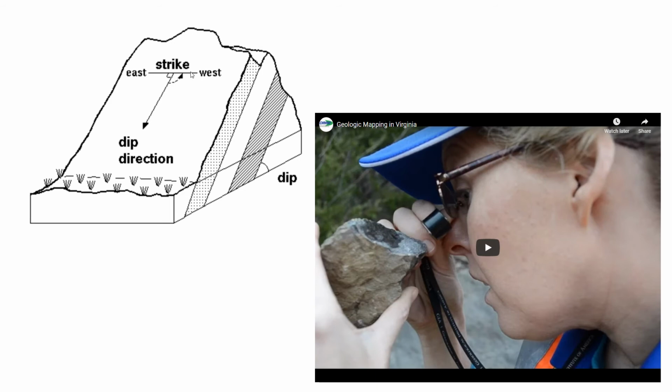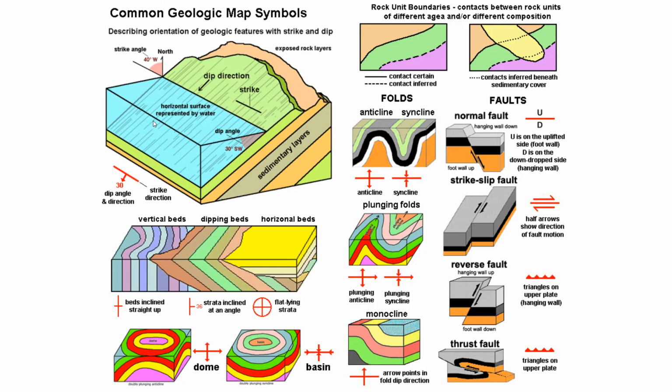But if they're dipping into the ground, strike is this compass direction, usually represented as an azimuth from 0 to 360, that tells you the direction the rocks are moving on the map. And then the dip direction is the compass direction that it's dipping into the ground, northwest, southeast, that kind of thing, and how many degrees from the horizontal it's doing that. All right, this allows us to think about things spatially in more context.